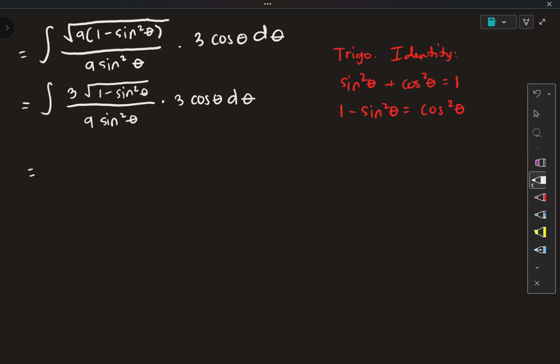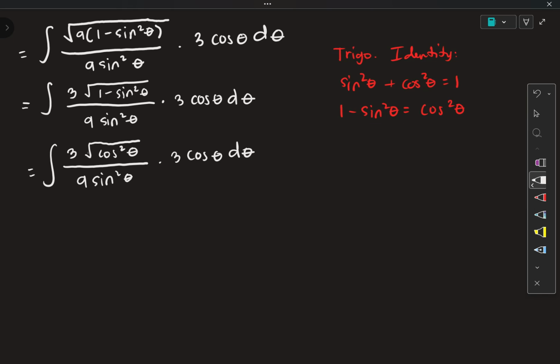Then I'm going to write 3 square root of cosine squared theta divided by 9 sine squared theta multiplied by 3 cosine theta d theta.